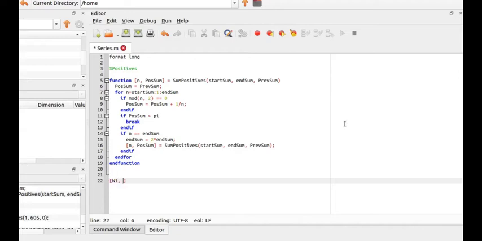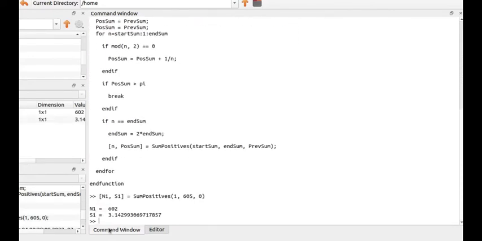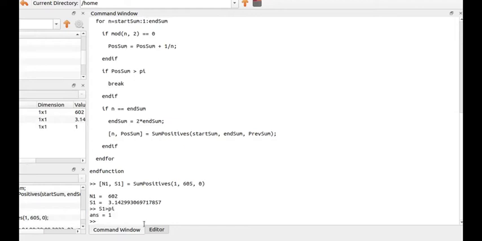So we'll save these numbers in a variable n1 and s1. We're gonna use as a start sum value the number 1, as end value the number 605, and the previous sum is equal to 0, because we've made no calculations. So now we run the script, and we get that n1 is equal to 602, and s1 is 3.14 something, greater than pi.